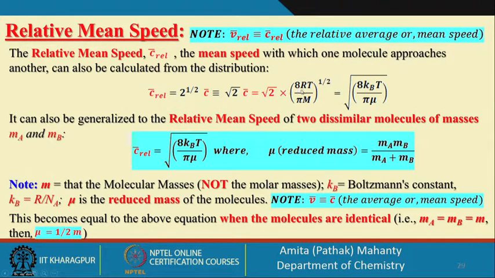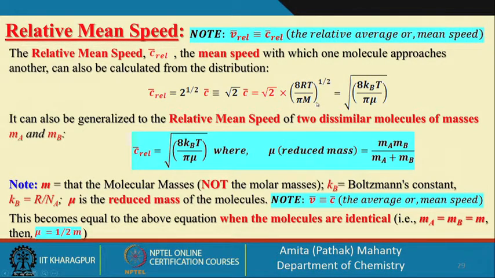c is (8RT/πM) to the power half. And you can replace R by k, and the molar mass by the small mass, and then you get the expression like this. But remember, you have a different formula here. Here, the mass is not the molar mass which we talked about in the kinetic model.